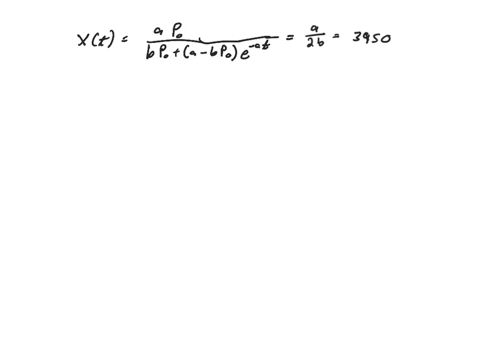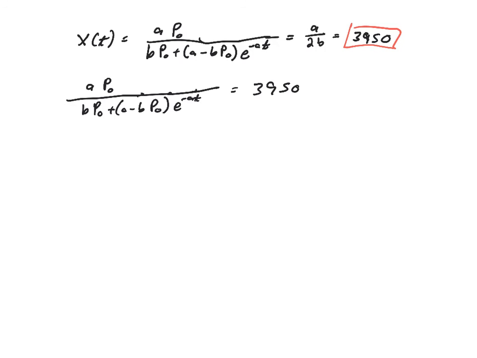Now, just to make sure that all the numbers work out, I'll just keep the number here. And just like before, you're going to do the same sort of algebra tricks. So you have A P naught divided by B P naught plus A minus B P naught. The best thing to do is just to store all these variables in your calculator, or write them down up the side and then at the end plug them all in.